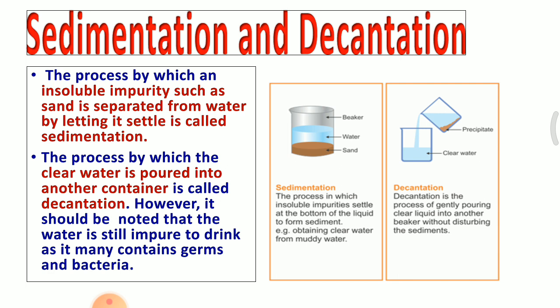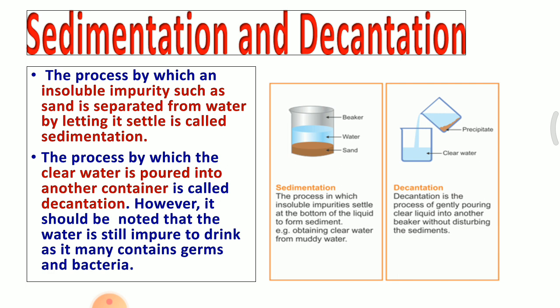For the sedimentation process, what do you do? You have to take a glass tumbler containing sand and also stone. You have to keep this glass tumbler for a few hours. After some time, you will see that the sand and stone are settled at the bottom of the glass tumbler.